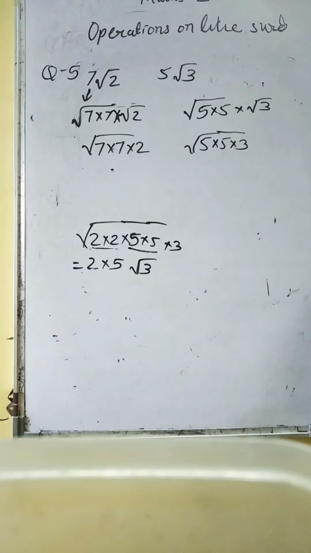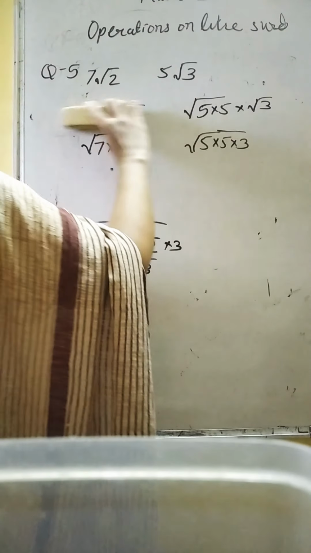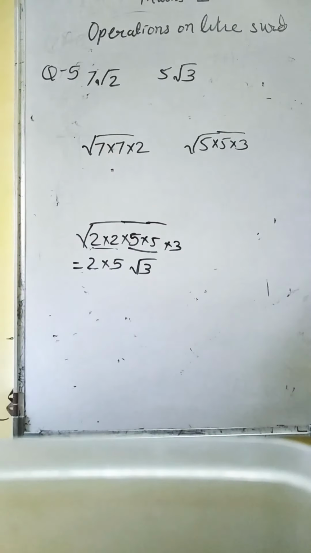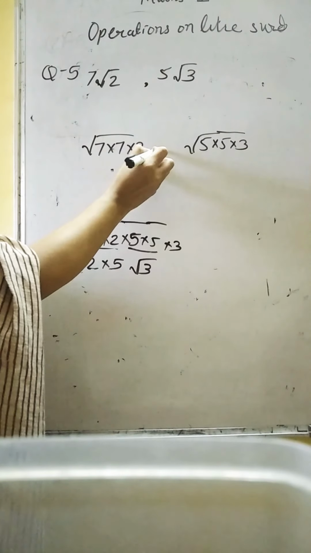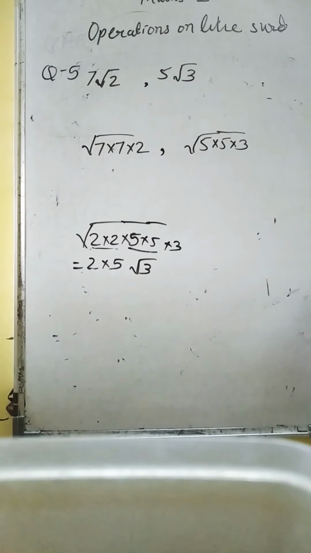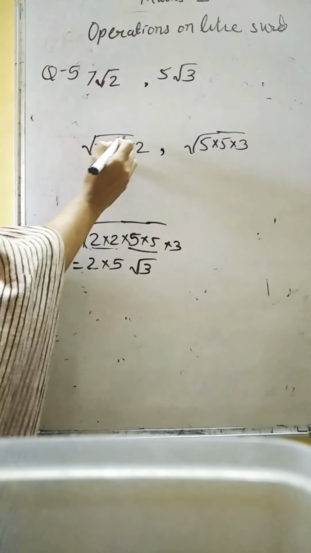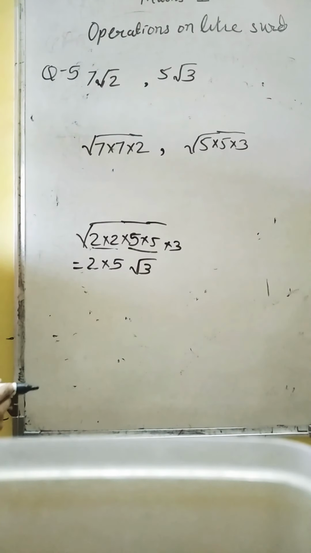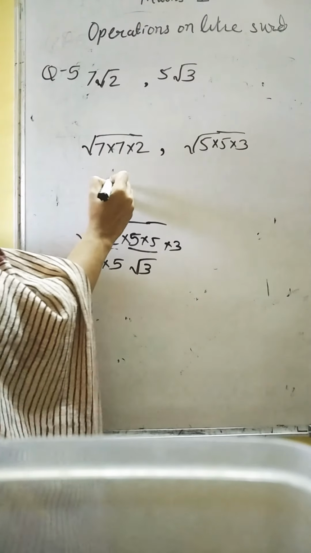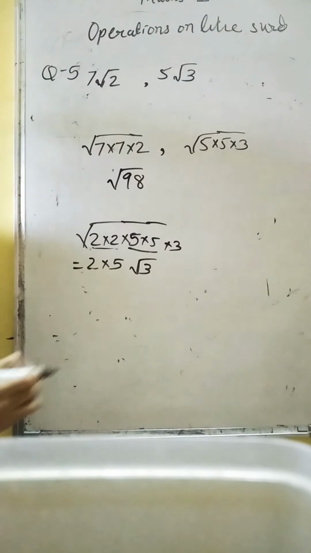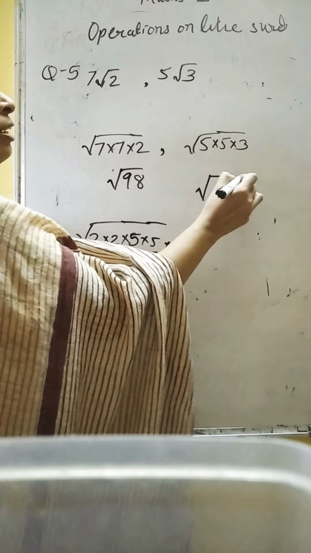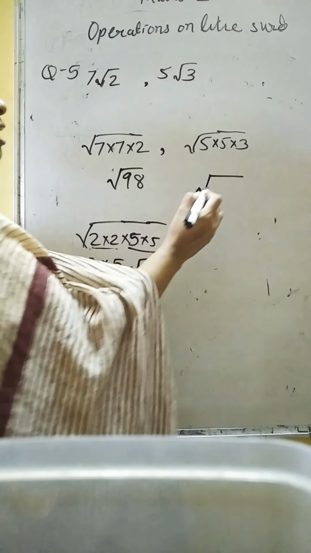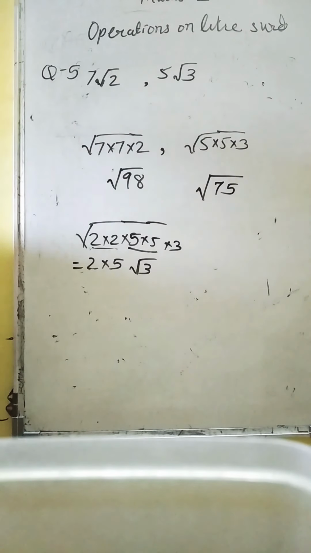So you can directly write down from this step to this step that this is one number and this is another number. Now 7 sevens are 49. 49 twos are 98. Correct? And here 5 fives are 25 and 25 threes are 75. Correct?